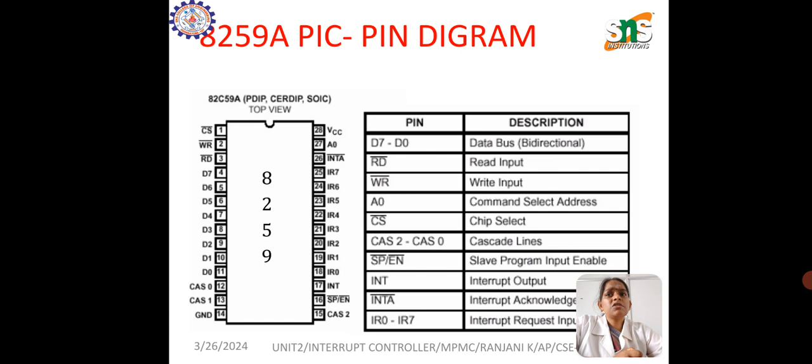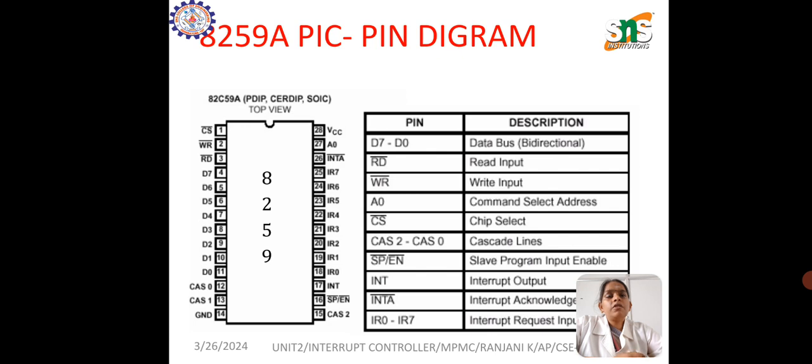INT is an active high output pin which interrupts the processor, and it is always connected to the INTR input of 8085 or 8086. The INT output is only activated when all the given conditions are satisfied. So this is the pin diagram of the 8259, and moreover INTA is termed as an active low input.